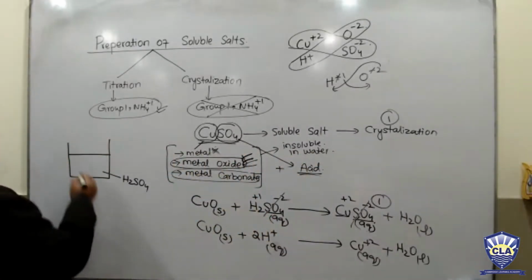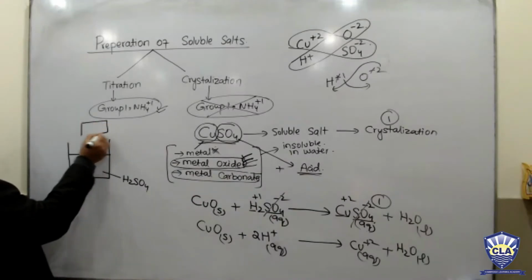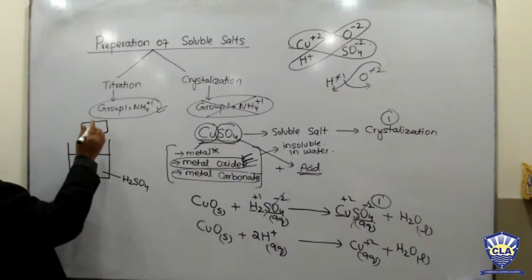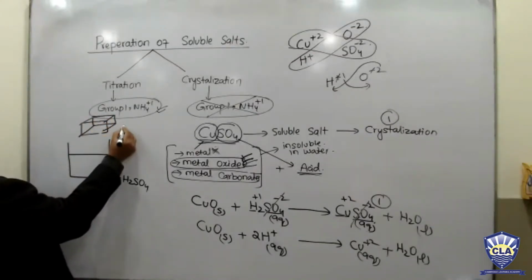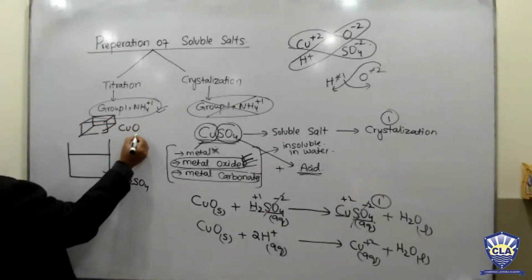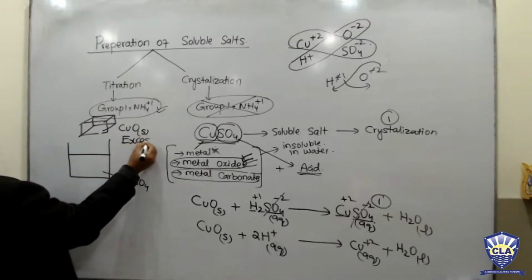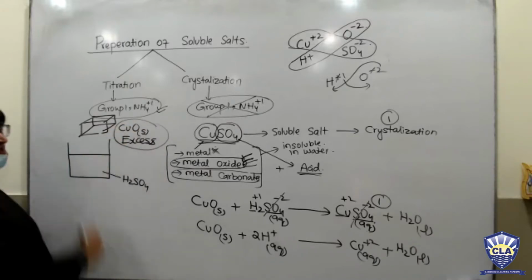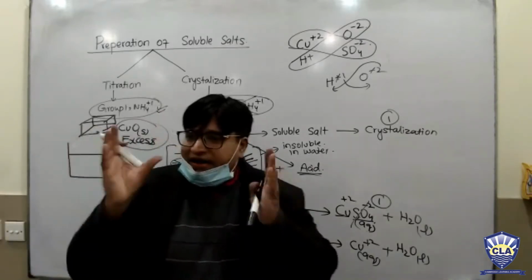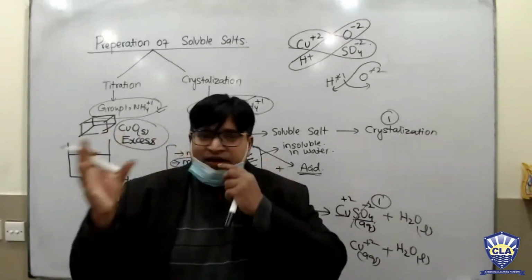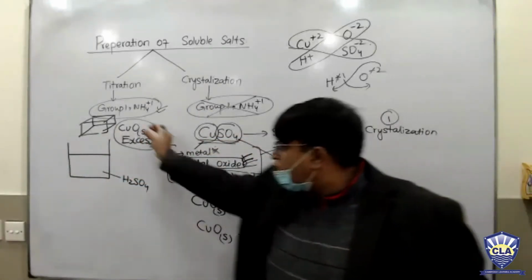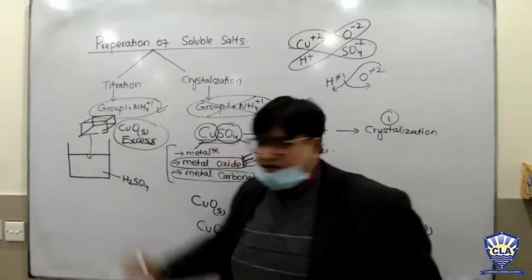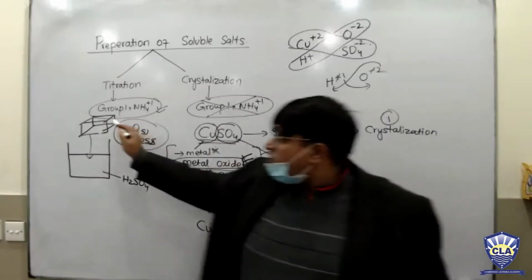Now the second step is, this is the solid thing. So put this solid thing inside it. This is the copper oxide. So put excess of copper oxide in it. Excess means a very big lump, a very large piece of copper oxide should be put inside it. You got it? So now what would happen?